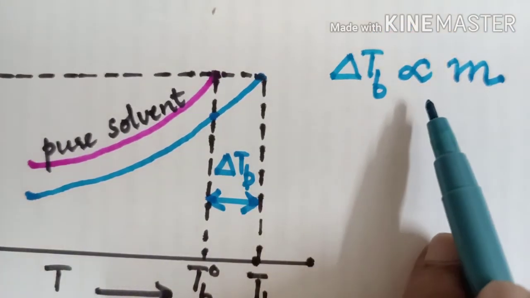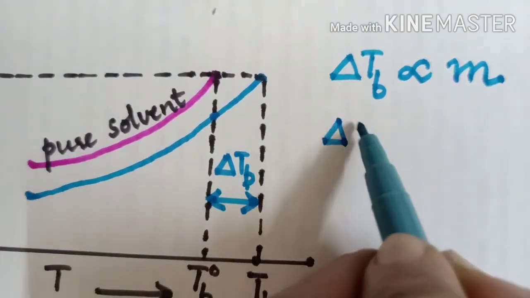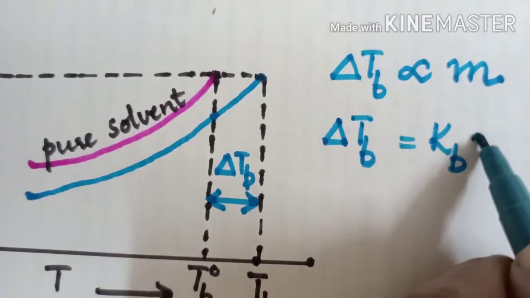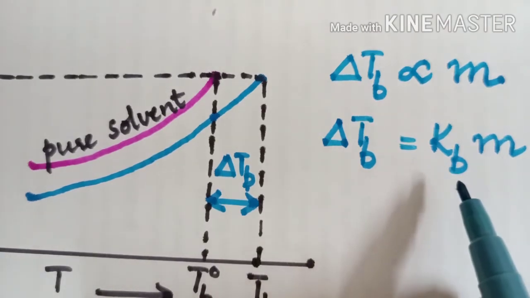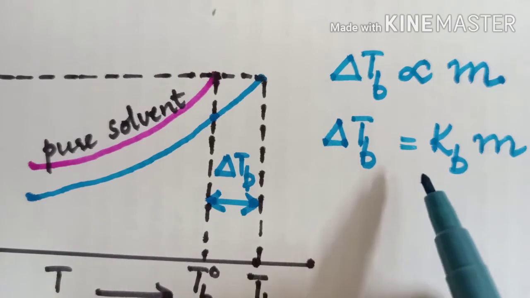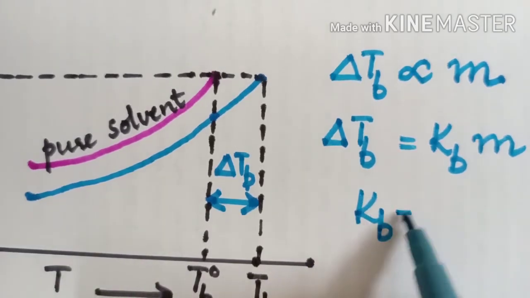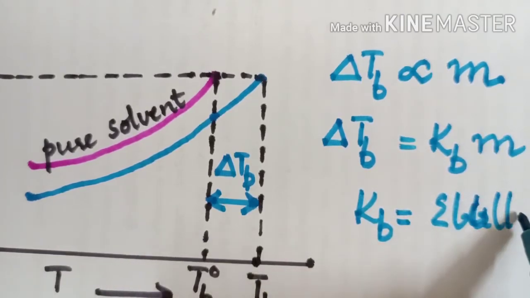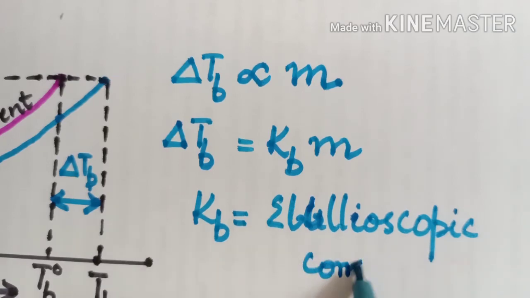So delta TB is proportional to molality, or you can equate it to delta TB is equal to Kb into m, where Kb is known as the molal elevation constant, otherwise known as the ebullioscopic constant.